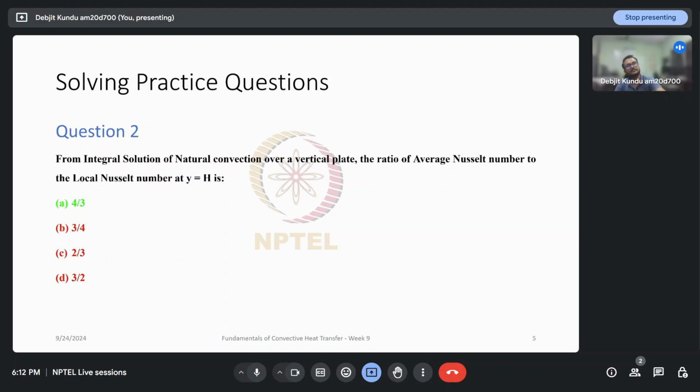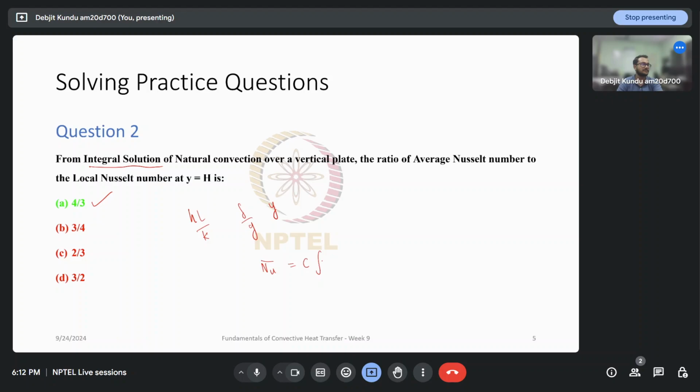So let's take a look at the solution. It's actually option A, 4 by 3. So if you remember, the Nusselt number depends on hL by k, right? And this in turn depends on delta, and we saw that delta by y, which we can find from the integral solution, actually leads to the average Nusselt number calculation having an integral of the sort.